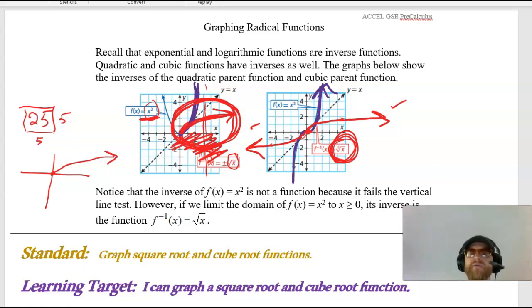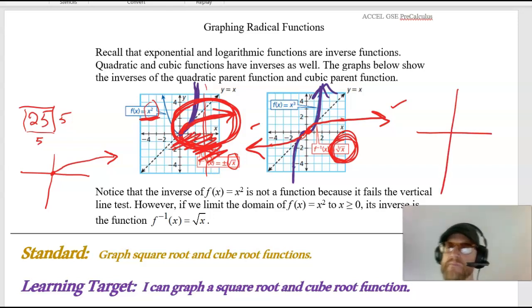But the square root function has an interesting domain and an interesting range, and we're going to spend some time on that. So right now, here's what you know.